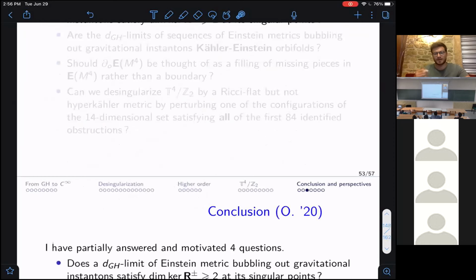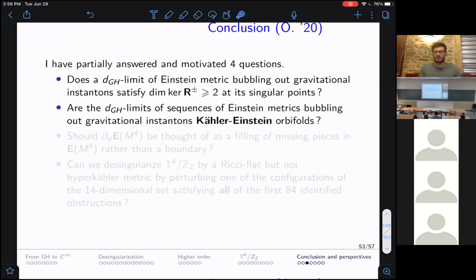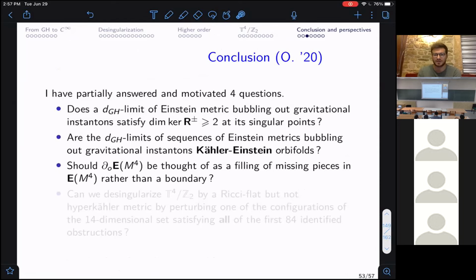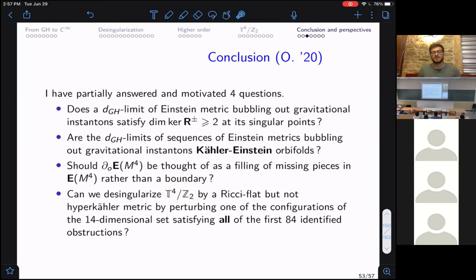The second one is much further away. It's a long-term question: if your bubbles are gravitational instantons, is your limit Kähler-Einstein? And there is this question of Anderson, which is whether or not the boundary should be thought of as a boundary or actually a filling of missing pieces. So is it a codimension 2 subset or not? And the last one is this question of desingularizing T^4 mod Z2 by Ricci flat but not hyperkähler metrics.